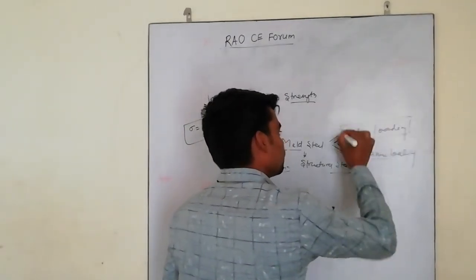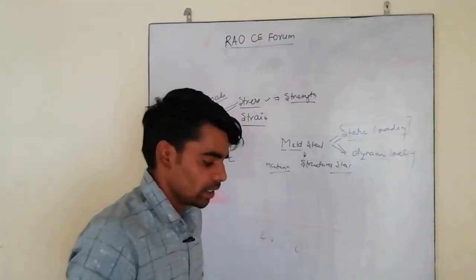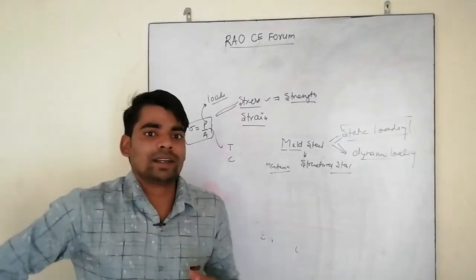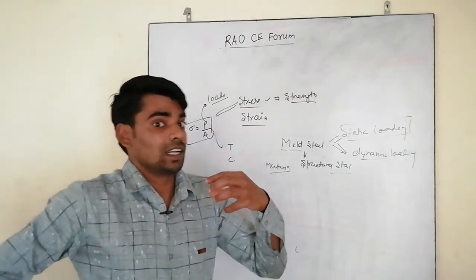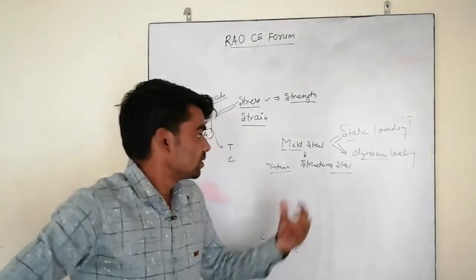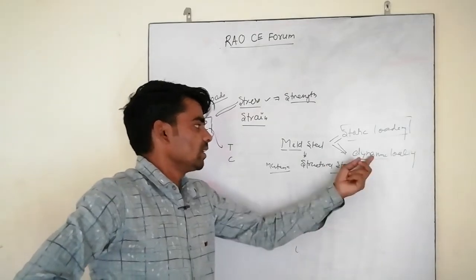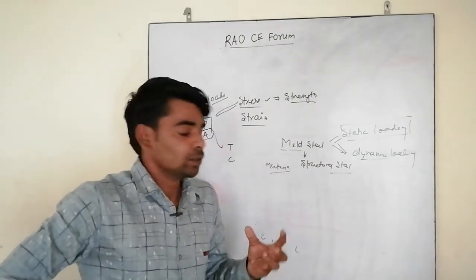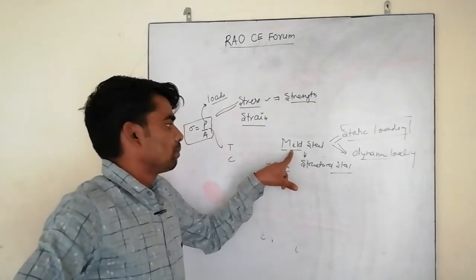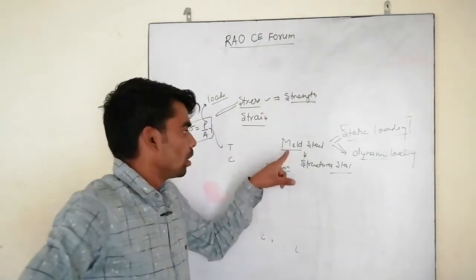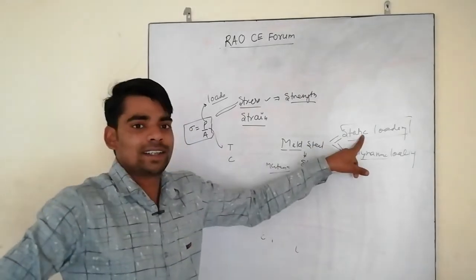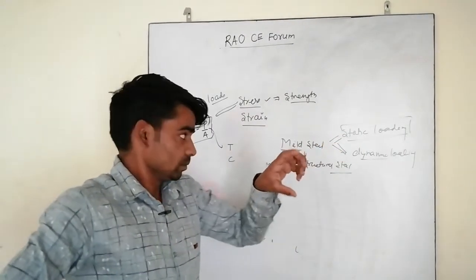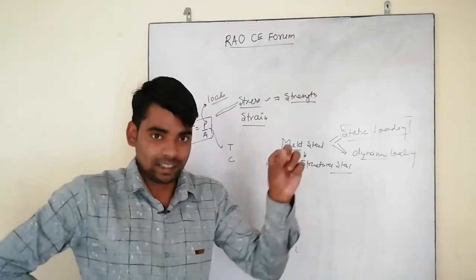Static loading means when we apply the load gradually, then it does not affect the properties of the material, and if we apply the load rapidly as an impact, then it changes the behavior and properties of the material. So we will perform a tensile test of mild steel under static loading, and that diagram is known as the stress strain diagram.